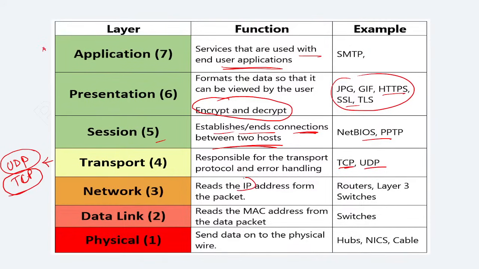Network layer is working with IP address, routers. Data link layer is working with MAC address, where it is called the frame, and switch is also working here. Physical layer, finally the hub, NIC, these are your physical layer.